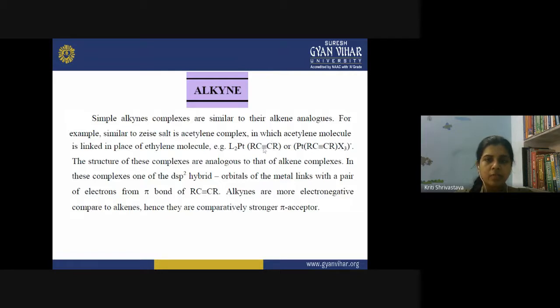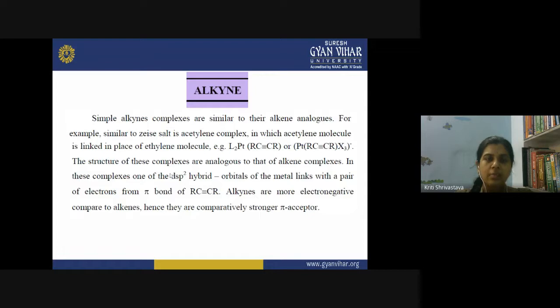So here you can see we have X3, or this is L2. Okay, so platinum, RC triple bond CR. This is my alkyne, and this is my other ligand, and a minus charge. This is analogous to Zeise's salt, but the acetylene is present in place of the alkene molecule.